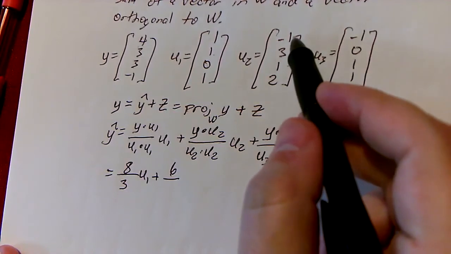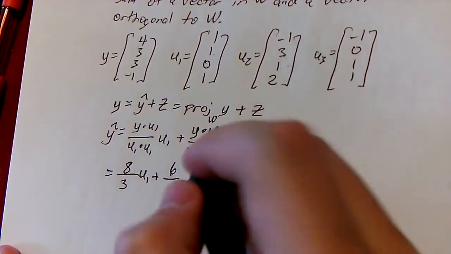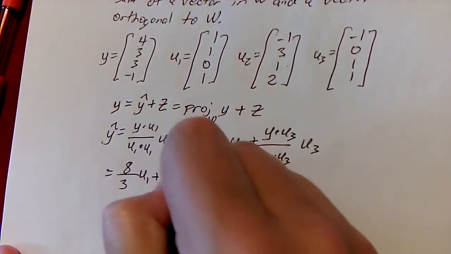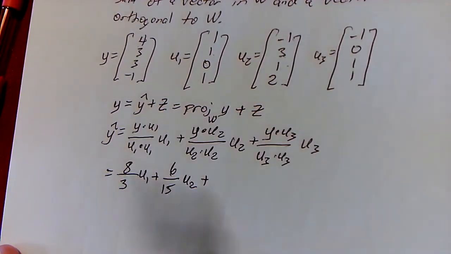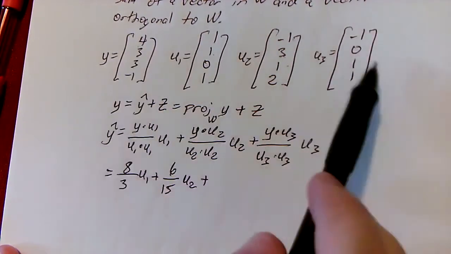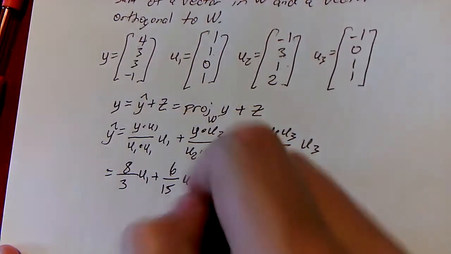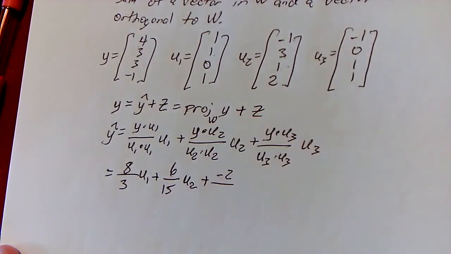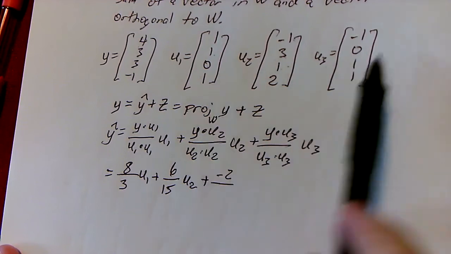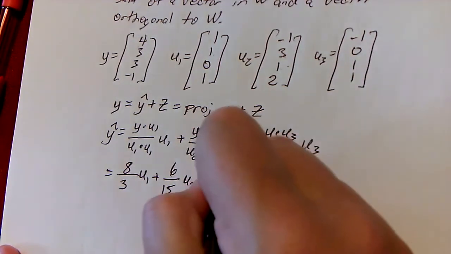U2 dot U2 is going to be 1 and 9 makes 10, and 1 and 4 makes 15, times U2. And y dot U3 is going to be negative 4, 0, 3 makes negative 1, negative 1 and negative 1 makes a negative 2, and then U3 dot U3, I'm going to have 1, 0, 1, and 1, so I get 3.